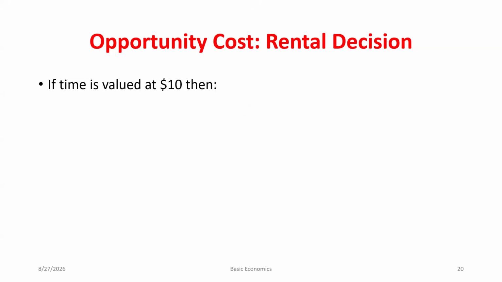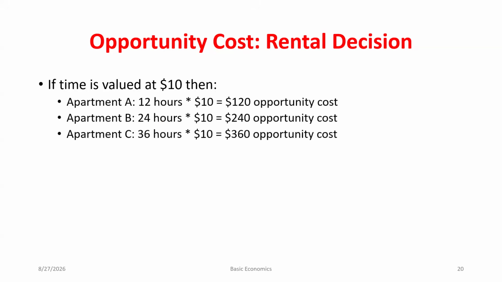So if that's the case, and I know the number of hours I'm going to lose each month from walking to and from campus from these apartments, if every hour I value at $10, the total value of time I'm giving up will be the number of hours it takes me to walk to and from campus from that apartment, times the value of each hour, $10. I would see that the apartment further from campus has a higher opportunity cost to me living there.